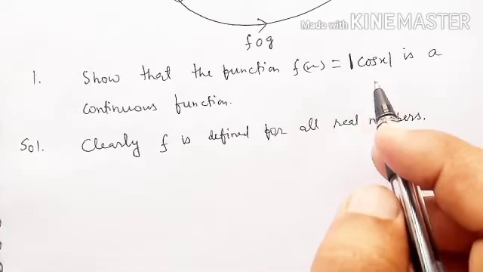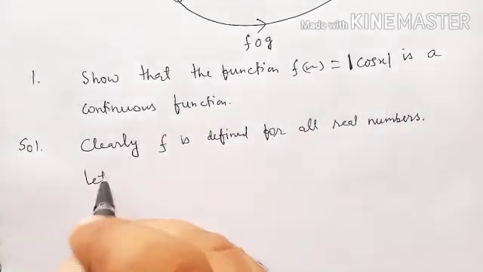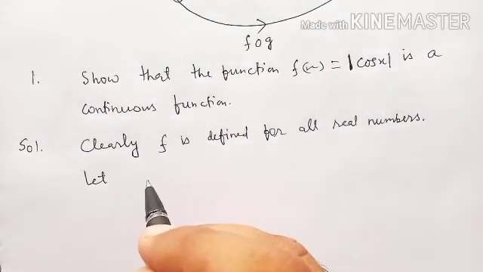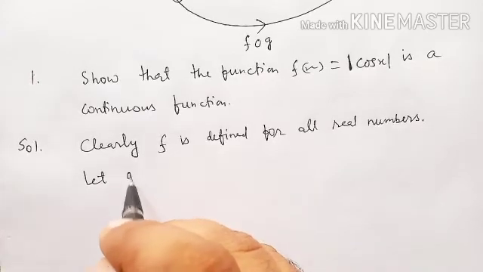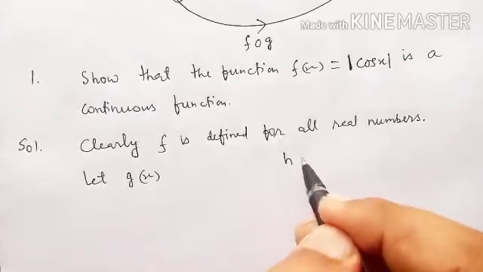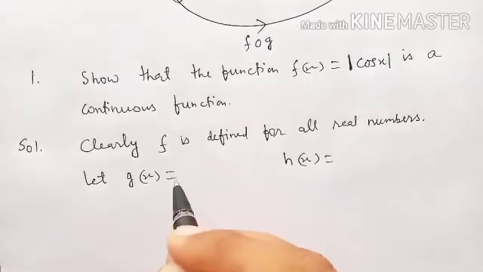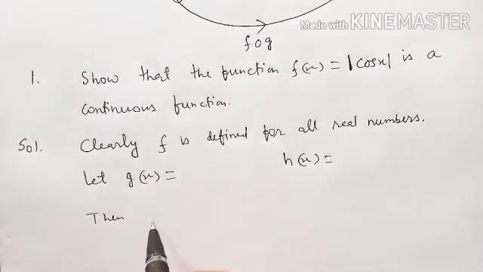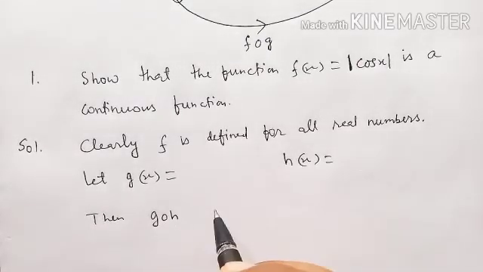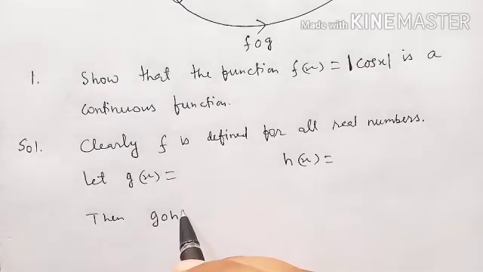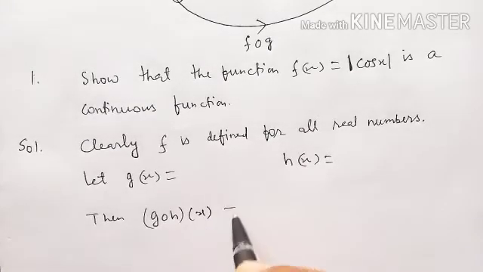So let g(x) be mod x and h(x) be cos x. Then g of h of x is mod cos x.